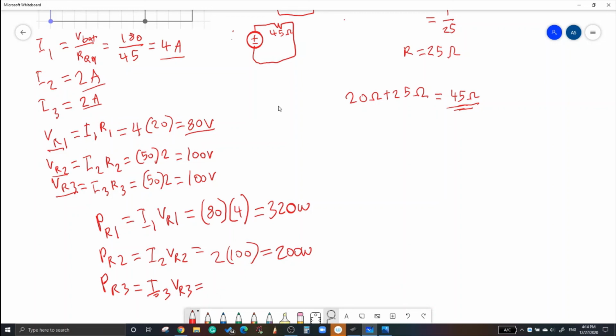For I3 it was 2 amps, and for VR3 it was 100 volts. So it'll be 200 watts again.